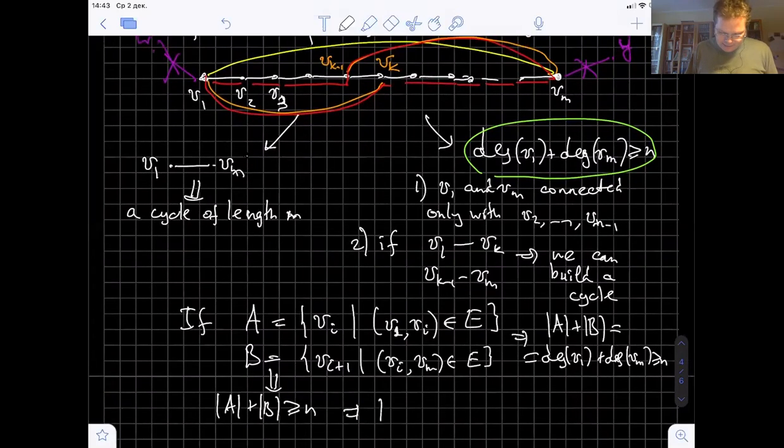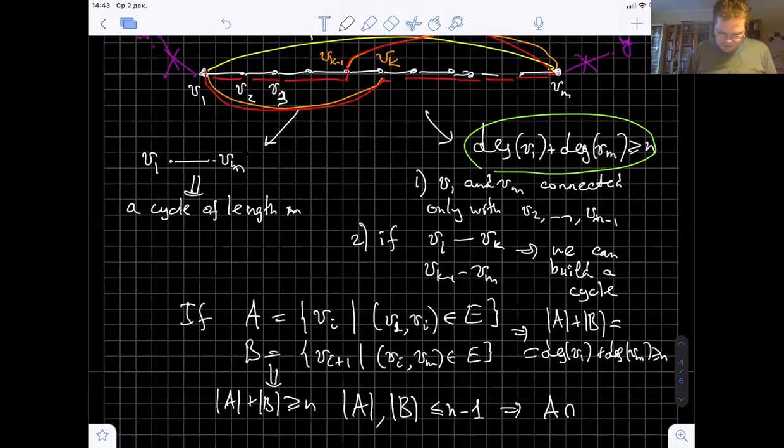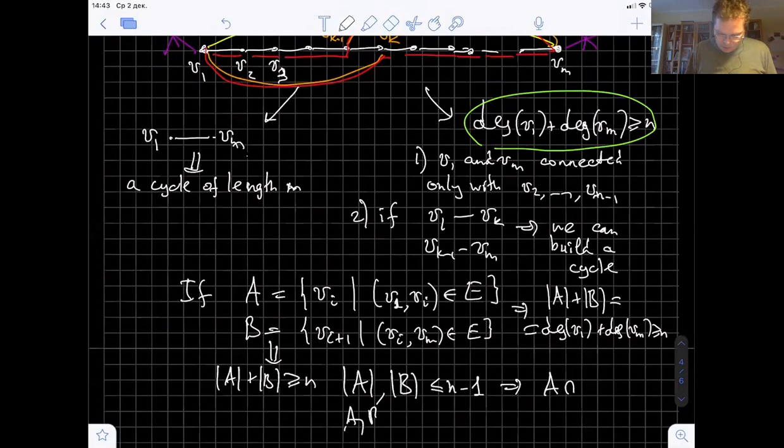And then they intersect with each other, because they are not greater than n minus 1, then A and B must intersect with each other. They are all subsets of 1, 2, etc., n minus 1. And so they intersect with each other.